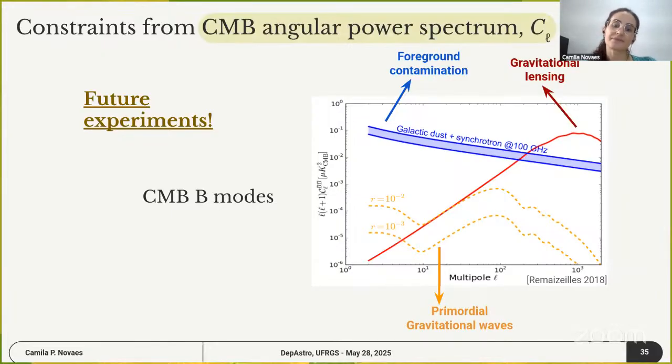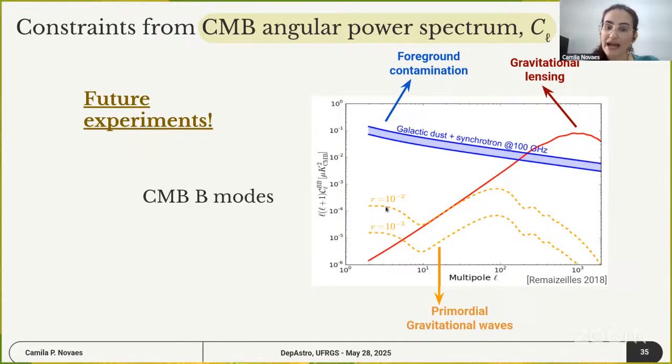When we think about future experiments for CMB, we automatically think about measuring the B modes, if they exist. But just to give you an idea of how difficult it will be to measure these B modes, we have here, again, the angular power spectrum, theoretical, calculated for the B modes, and here in orange is your cosmological signal.